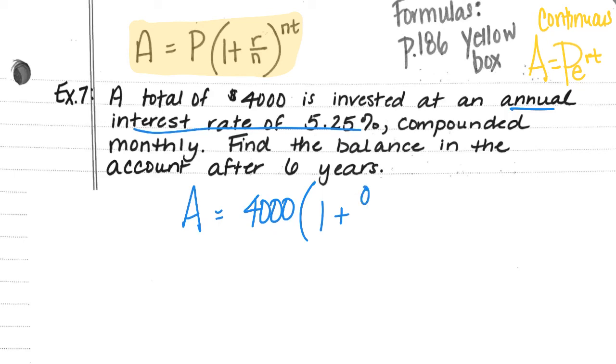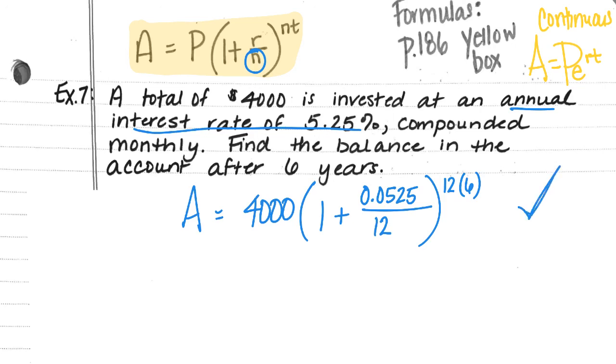So remember, we want it in decimal form, 0.0525. And it's compounded monthly. So how many times in a year would be n? That's going to be 12 times in a year. And then I know that the time is 6 years, but they want to know how many months, so we're going to put in 6 months.